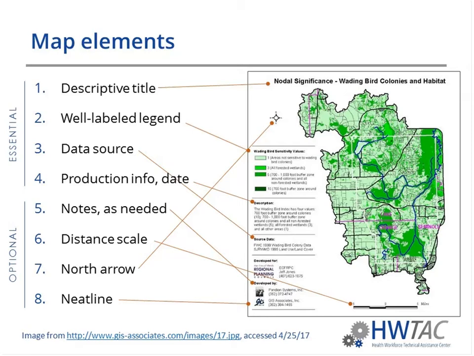On my maps, I tend not to put a distance scale or a north arrow. My audience is not usually measuring the distance between two counties or two features. I am showing them, for instance, the distribution of physicians per 10,000 population at the county level. So in my opinion, I do not need a distance scale for that map.